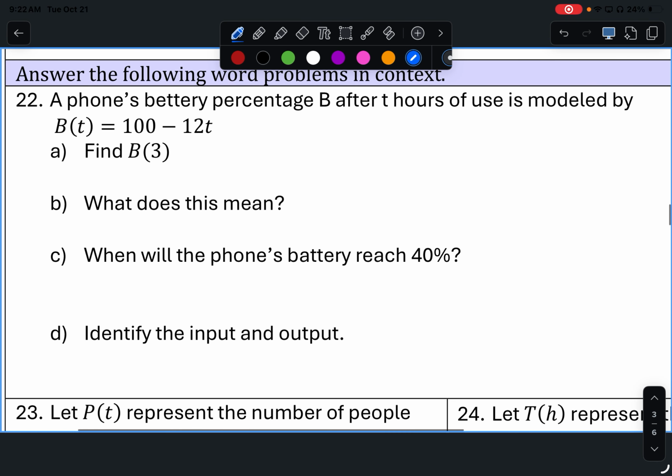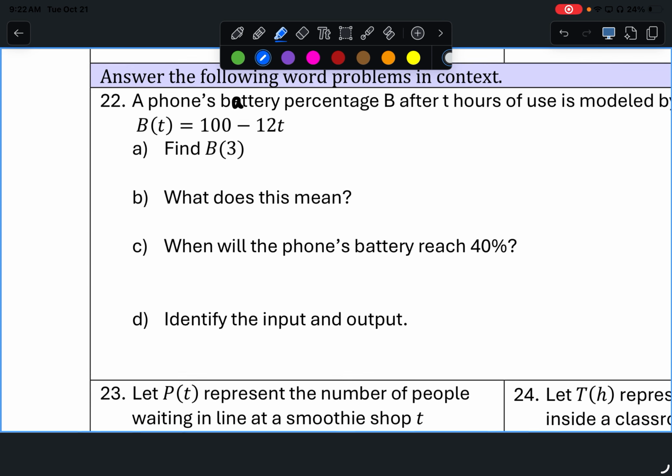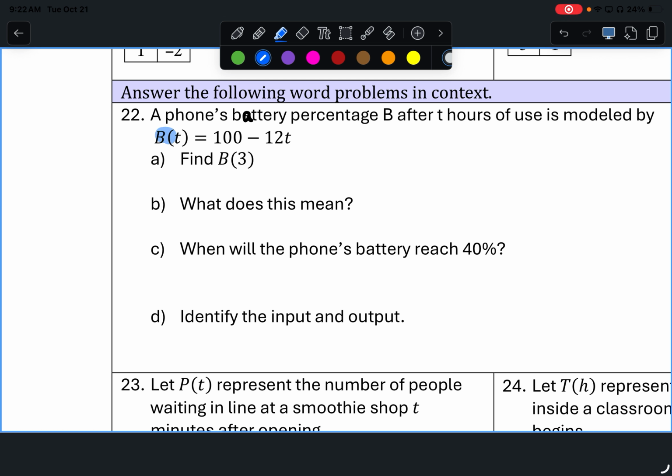So I want us to go ahead and look at 22. So 22 is a phone's battery percentage, B hours after T, or B after T hours of use, okay? So our function is B of T, right? That tells me my input and my output. My input is what is inside the parentheses.